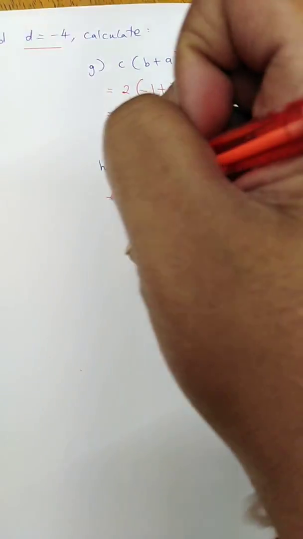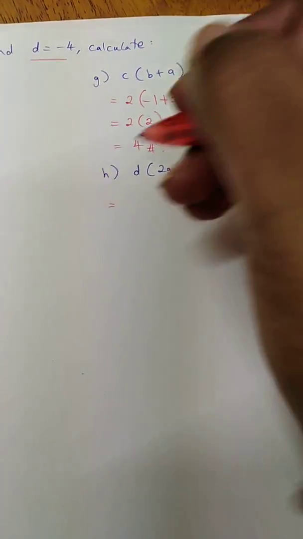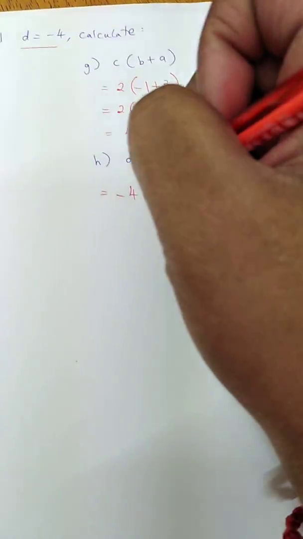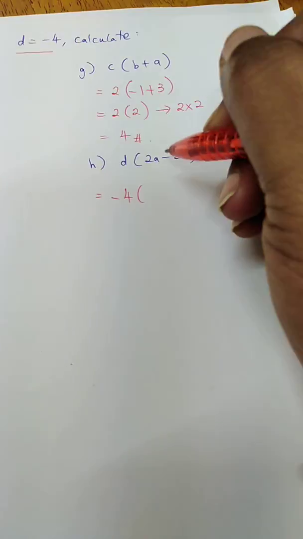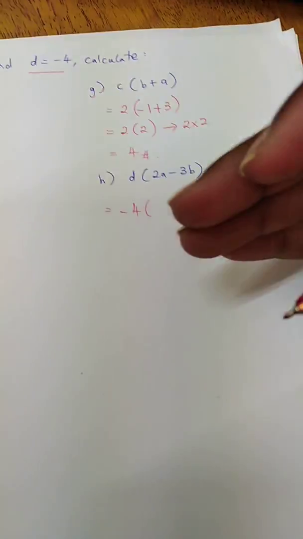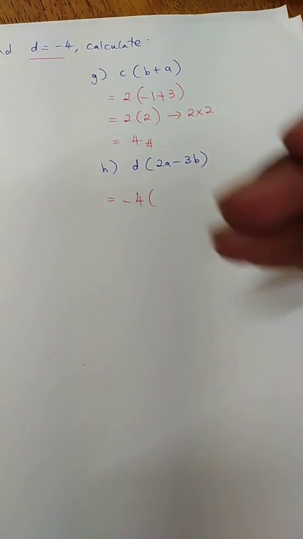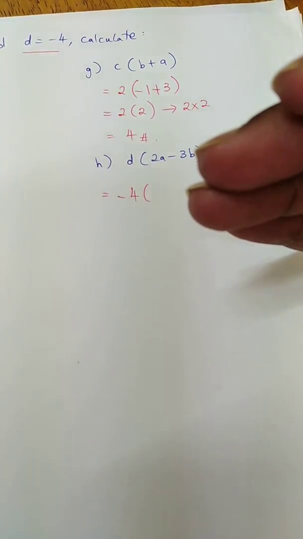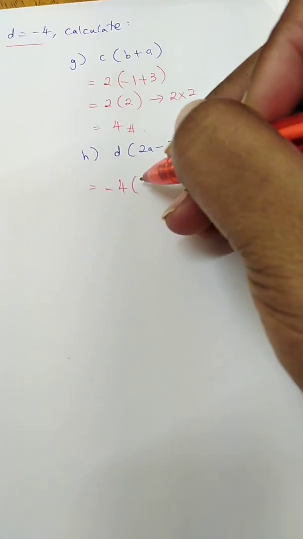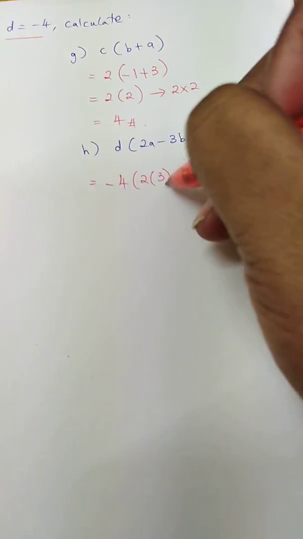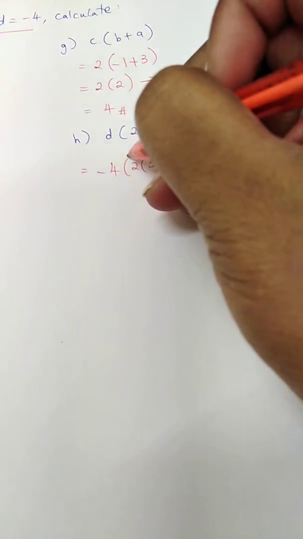And for the final question, we have D times (2A minus 3B). Fill up D, negative 4. Now, you see here, you have 2A minus 3B, so it is a bit longer showing your working. Inside the bracket, 2 times 3 minus 3 times negative 1, then you'll have a bigger bracket.